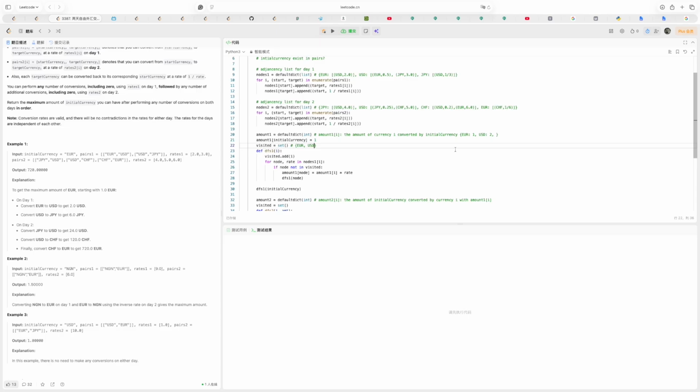And then we will turn it to JPY. JPY has a rate of 3, so JPY will have USD to JPY rate 3, so it's 6.